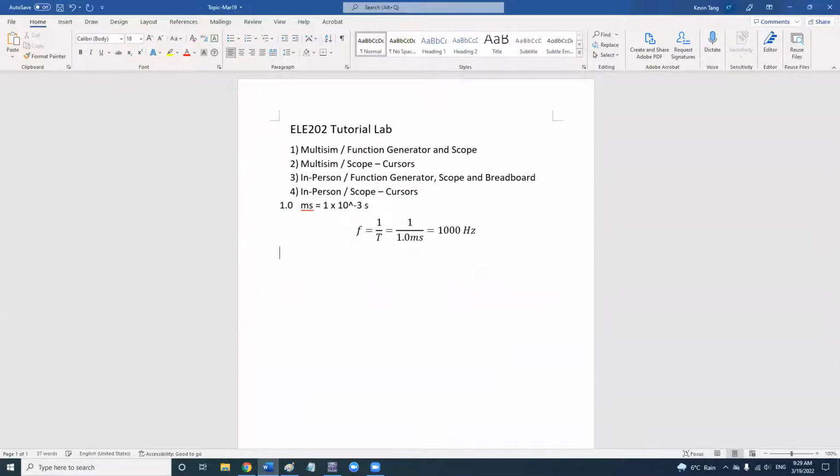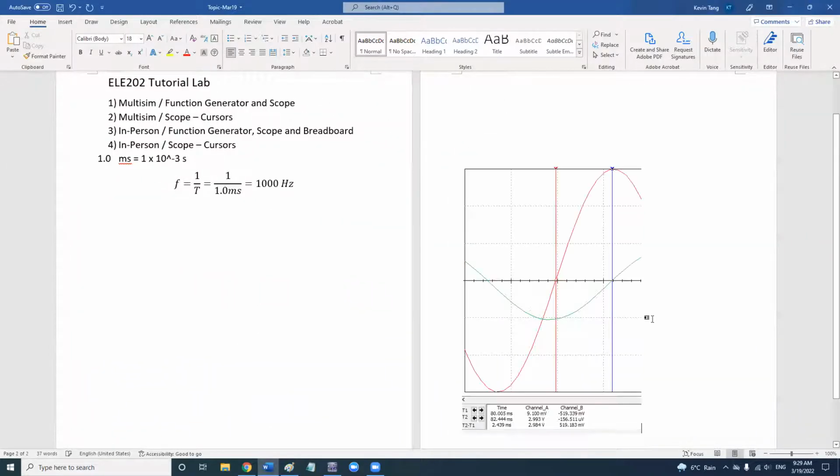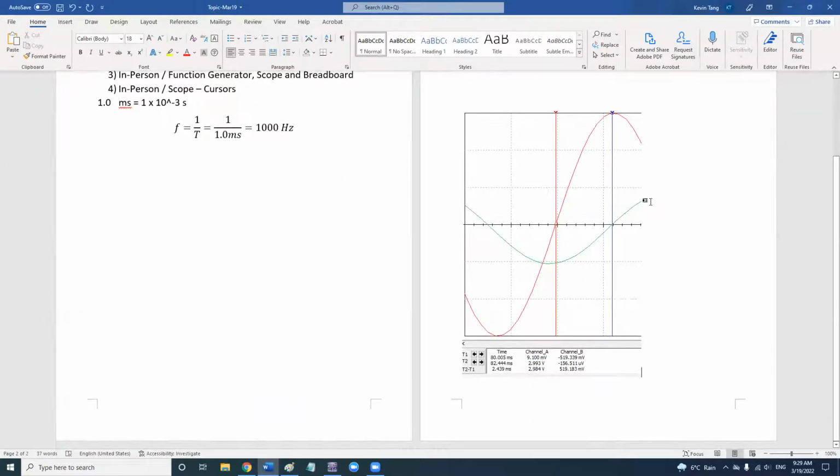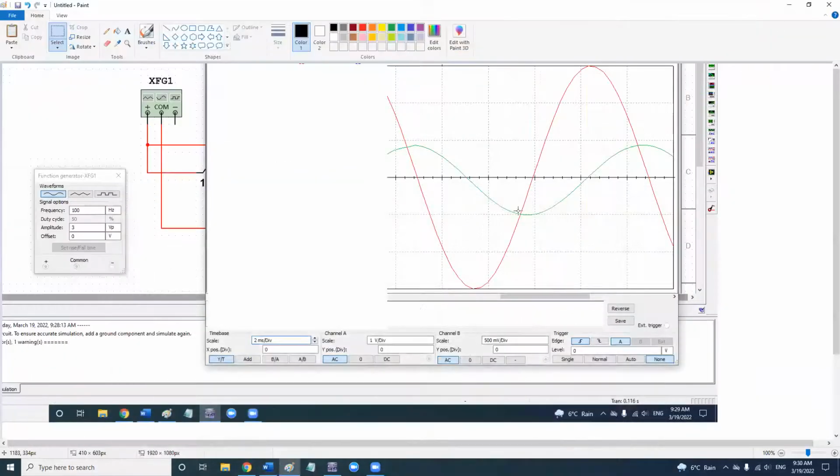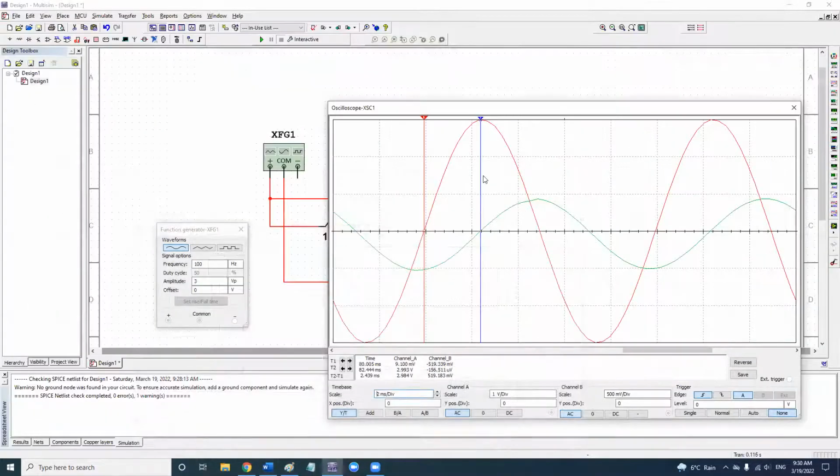I have these 2 points, as you can see, and I have 2.439 milliseconds between here and here. That's 2.439 milliseconds.